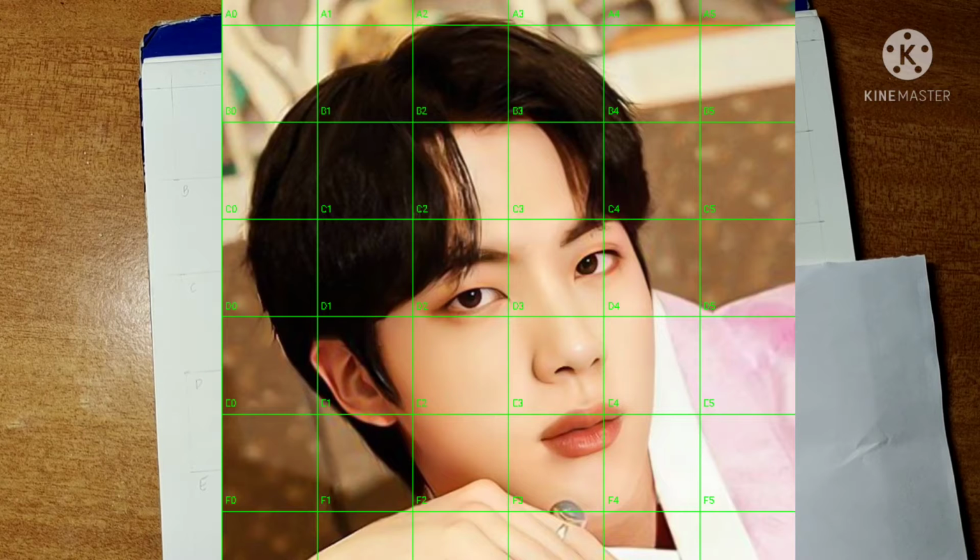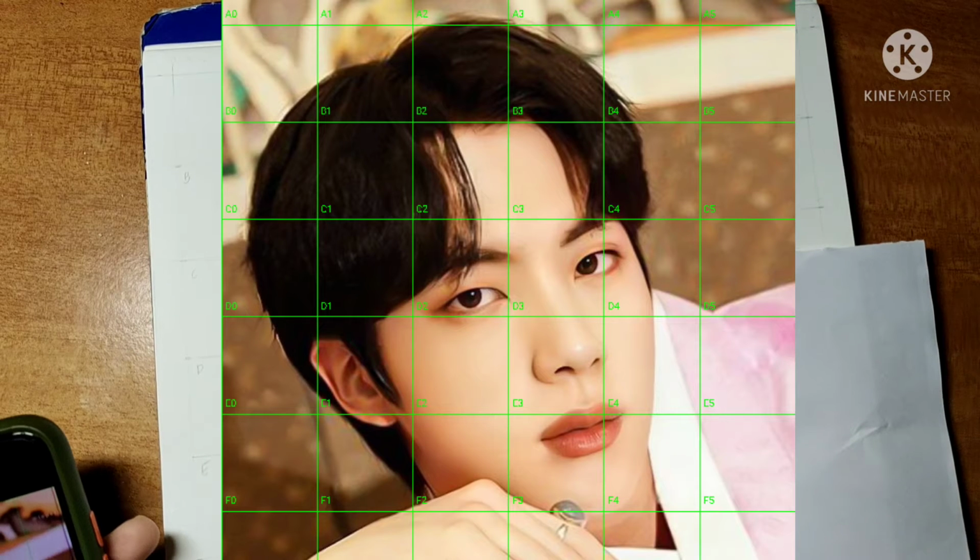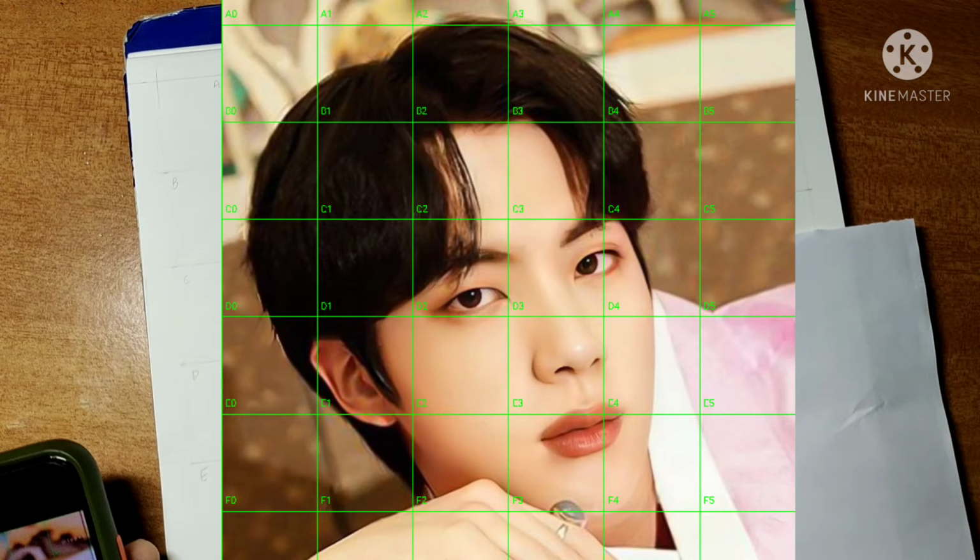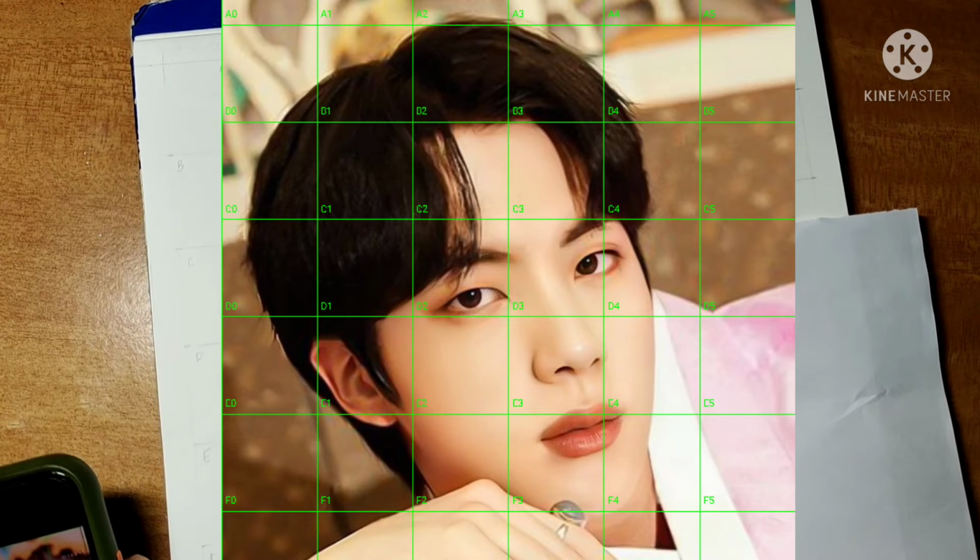The left eye is located in D2 and D3, and the right eye is located a little higher than the left, in D4 and D3. The nose is between E3 and E4, and so are the lips, which are located in F3 and F4.